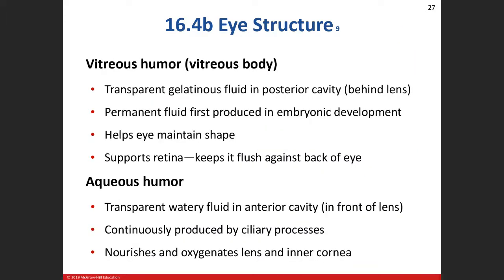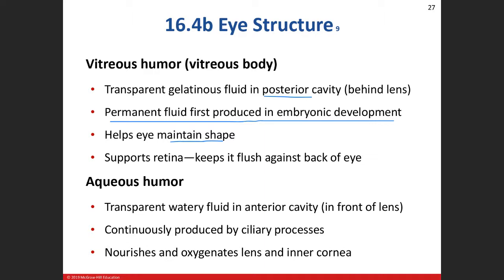All right, vitreous humor and then the aqueous humor. Vitreous humor, please remember, is in the posterior cavity. It's behind the lens. It also contributes, as does the choroid, to the shape of the eye, and it does help slightly with light refraction. It's kind of cool that this is a permanent fluid, first produced during your formation as a living creature.